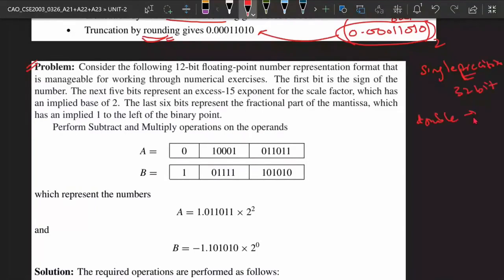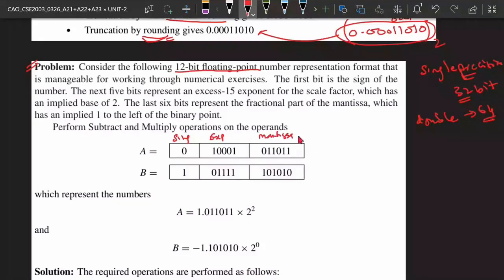Here, suppose it represents a 12-bit floating point representation format. In that 12 bits, 1 will be for sign, 5 bits for exponent, and for mantissa it is going to use 6 bits.